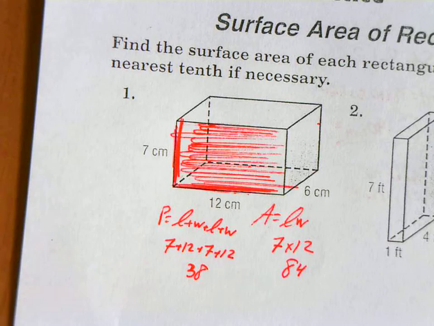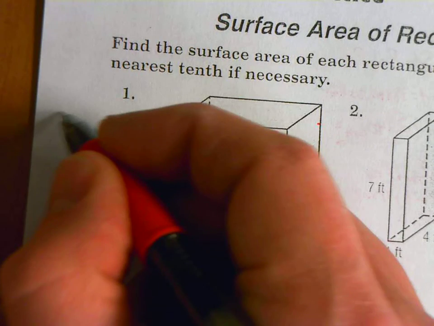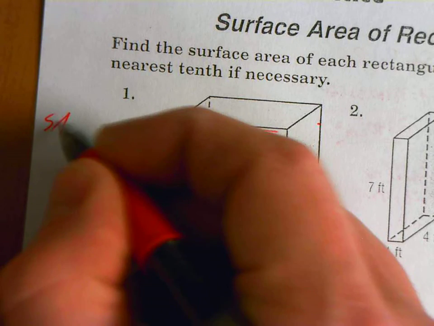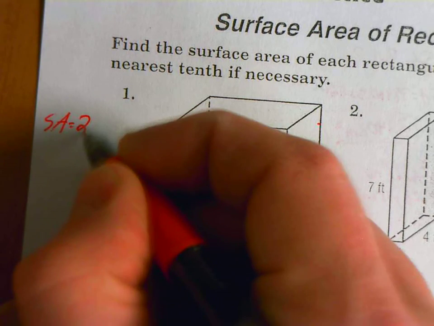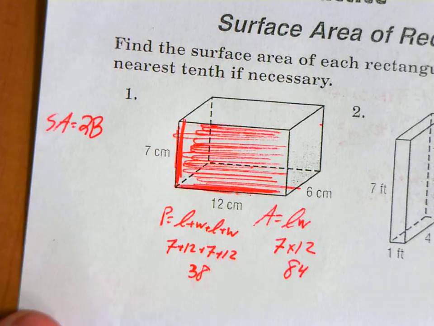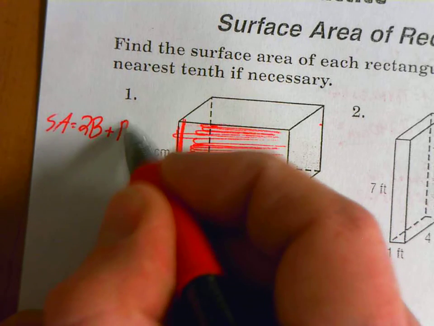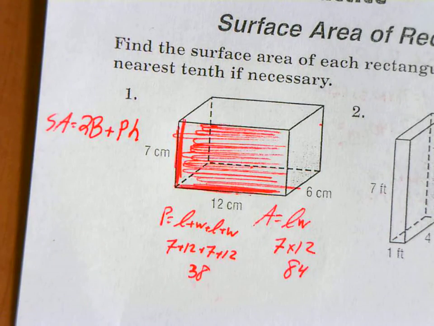Some point in time, you need to show me these formulas, this work, and then for a prism, our formula, there are now 2 bases. There are 2 rectangles, one in front, one in back, or one on the side, one on the other side, one on top, one on bottom. So 2B plus PH.